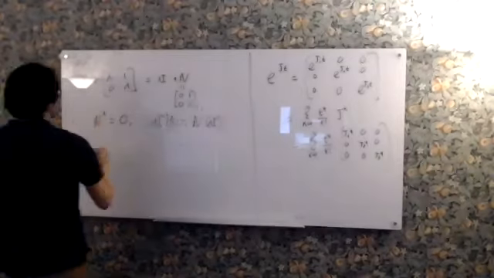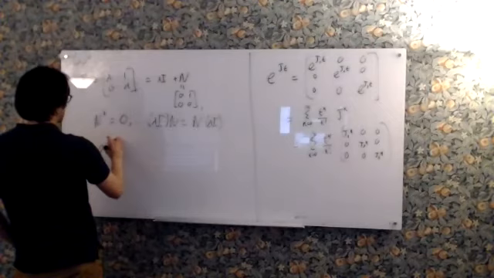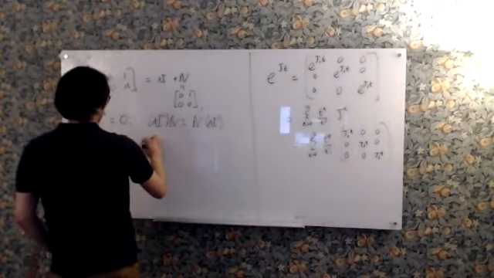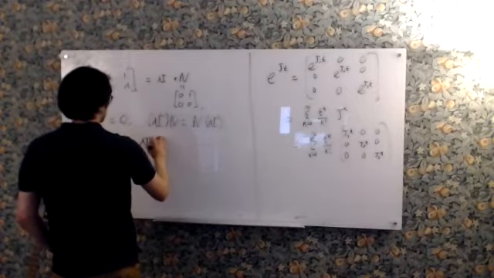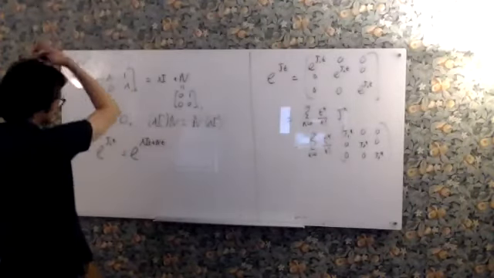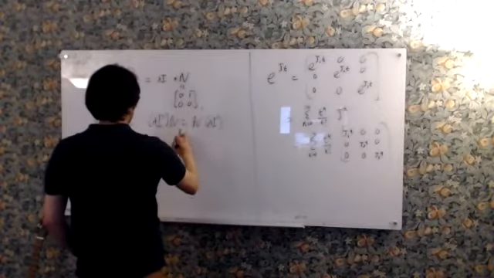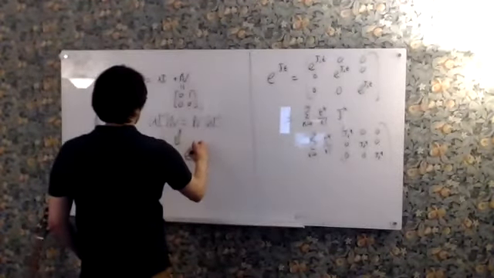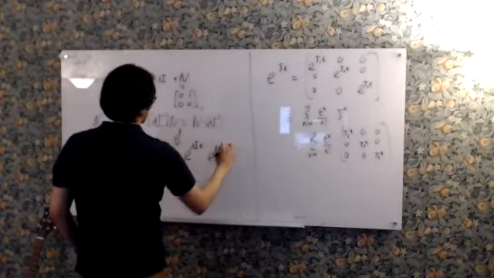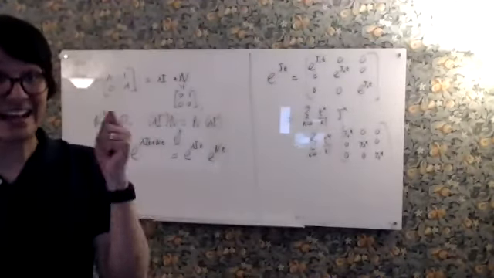But since these two matrices commute, e^{J_i t} is equal to e^{(lambda I + N)t}. Because these two matrices commute, this is actually equal to e^{lambda I t} times e^{N t}. Now this first thing is just the matrix exponential of a diagonal matrix.